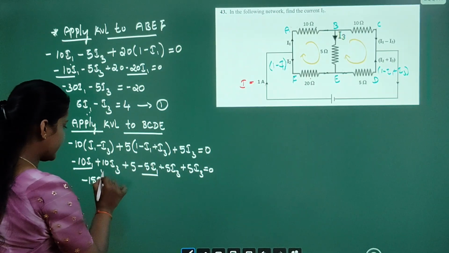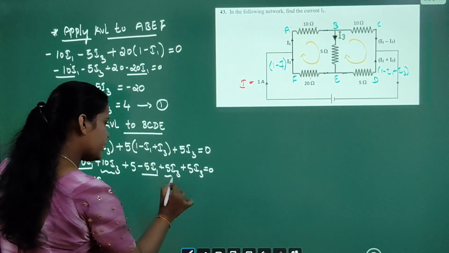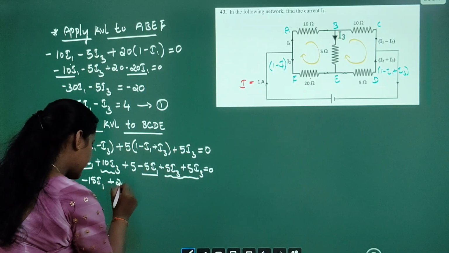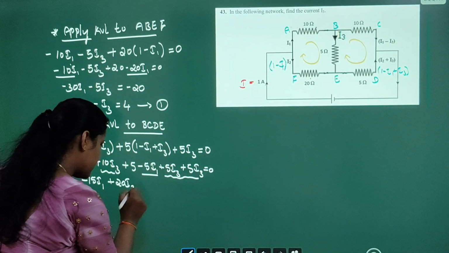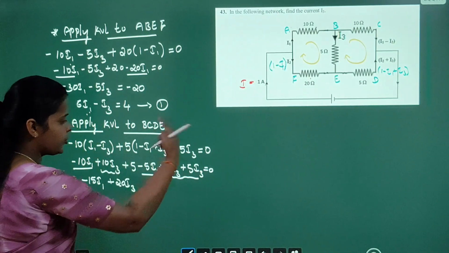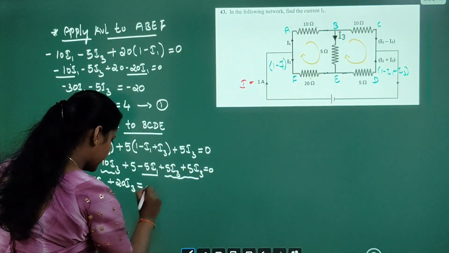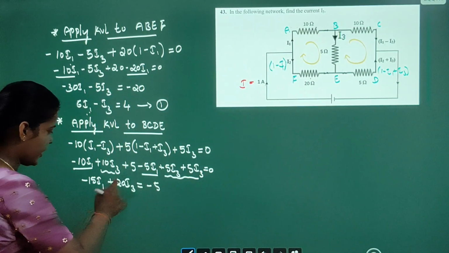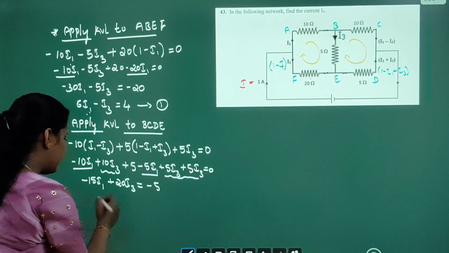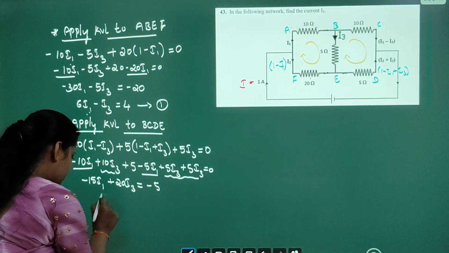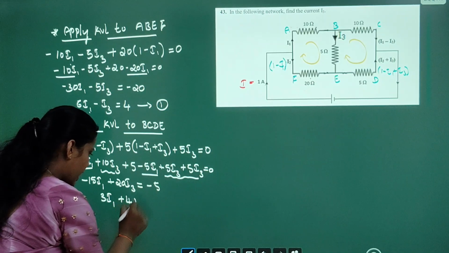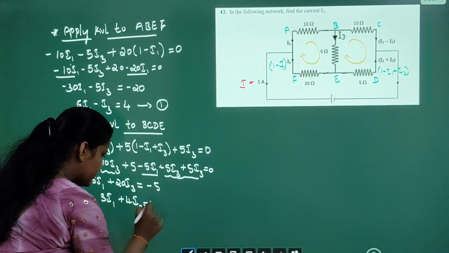Then 10 I3, 5 I3 and 5 I3 gives plus 20 I3. Send the pure number to the right hand side, minus 5. Taking minus 5 common, 3 I1 plus 4 I3 is equal to 1.